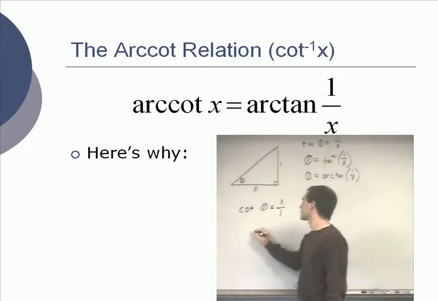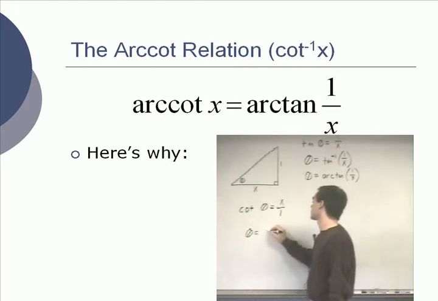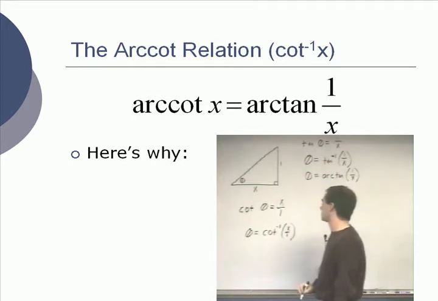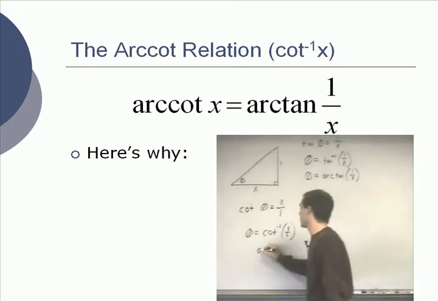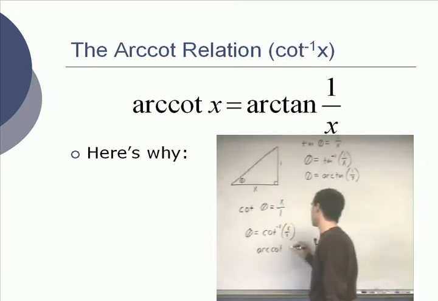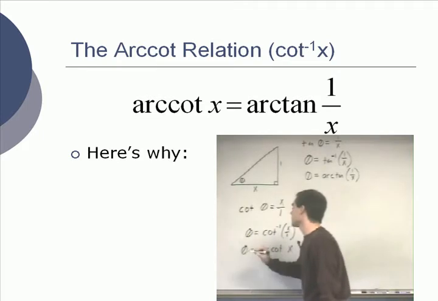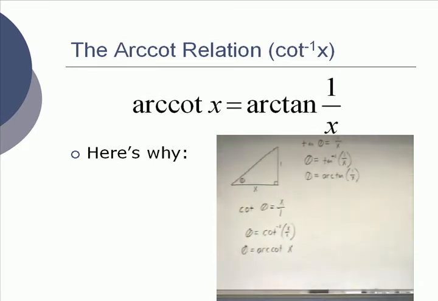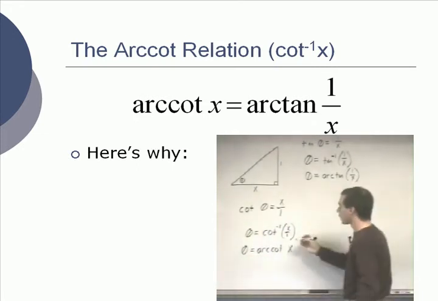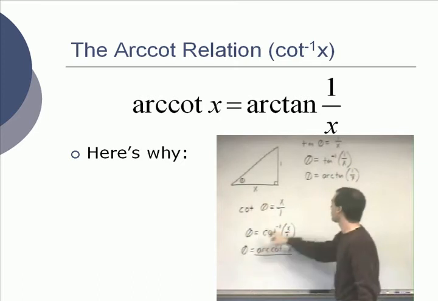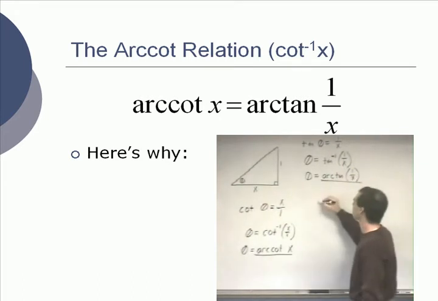So theta, or in other words, we can say that the arc cotangent of x is equal to theta. Everybody agree with those two statements? Yeah, we just reduce it. Well, there you go. This is theta expressed two different ways. And so you can conclude that arc cotangent of x is equal to theta, which is also equal to arctangent of 1 over x.